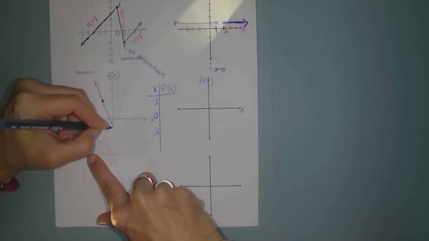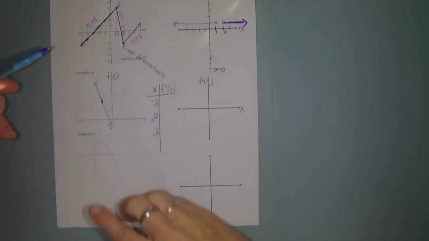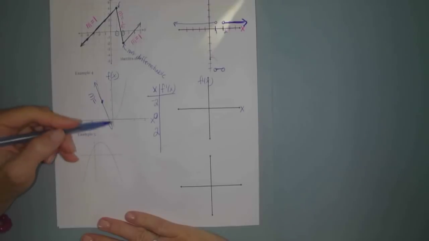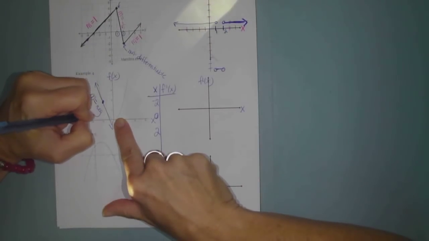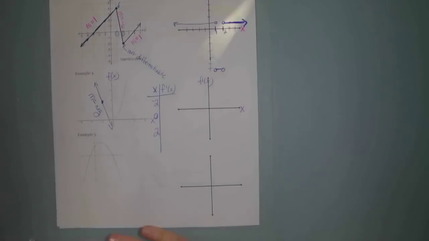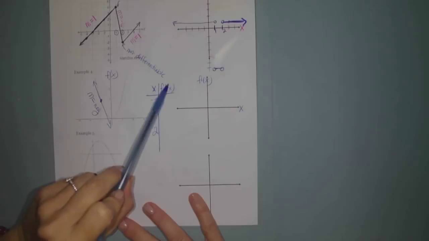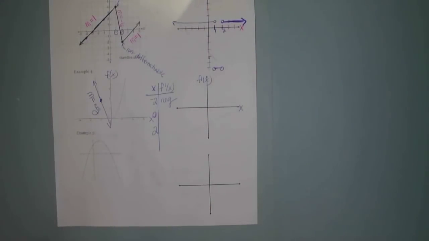So there's my tangent line. Now let's talk about the slope of this line. I'm not exactly sure of the numerical value, but I know it's negative. So in my chart, when x is -2, I know the slope of the tangent line is some negative number, kind of steep.